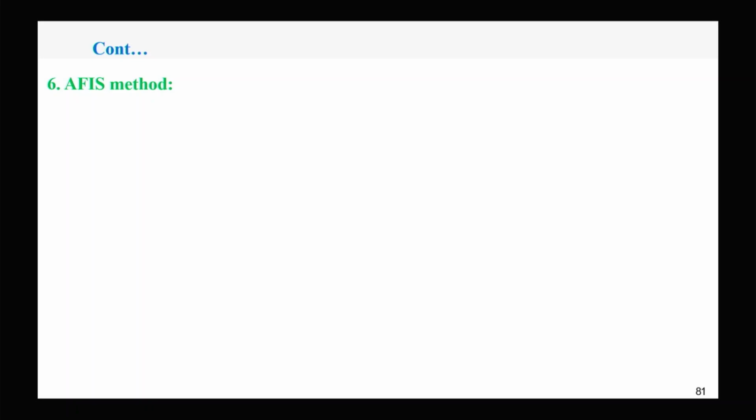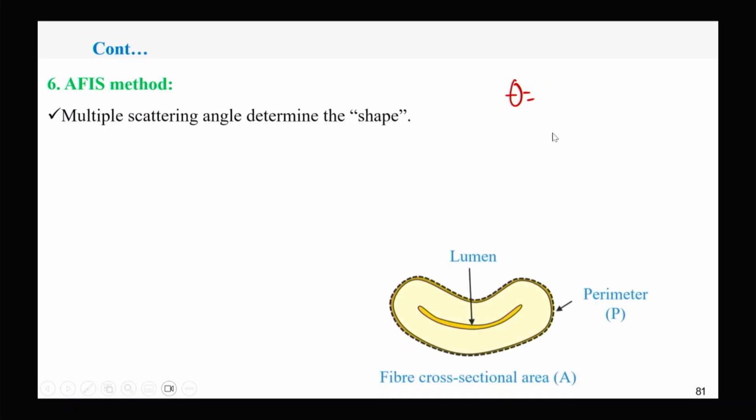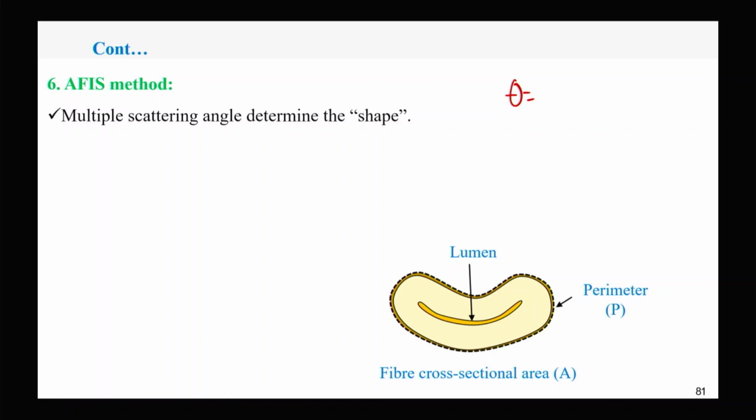AFIS is a method where we can get theta, the degree of thickening, because we can get the total shape of the fiber. Due to light scattering, we can identify every coordinate point, and we can measure the actual perimeter P of the fiber and also the actual area A of the fiber.